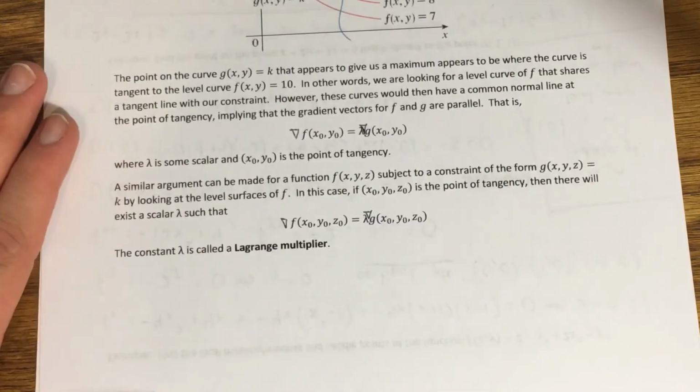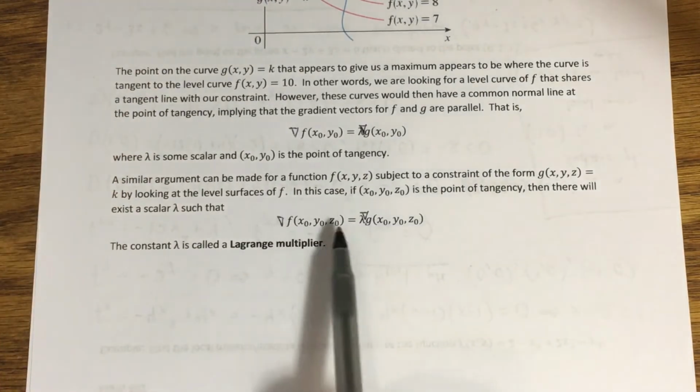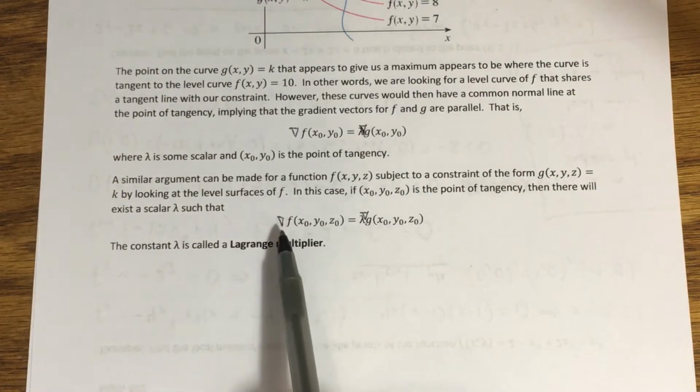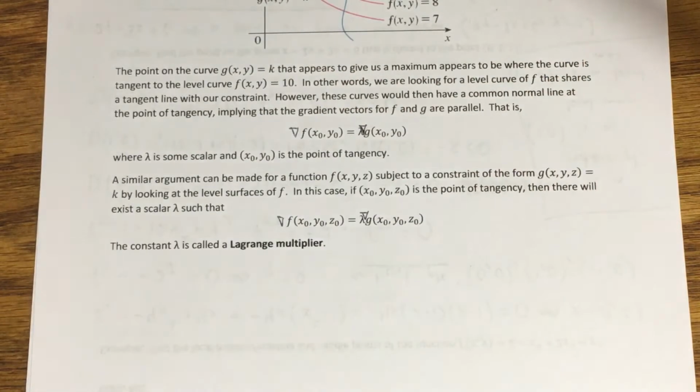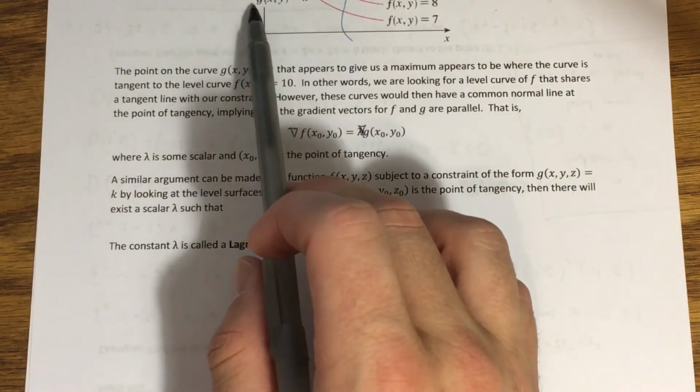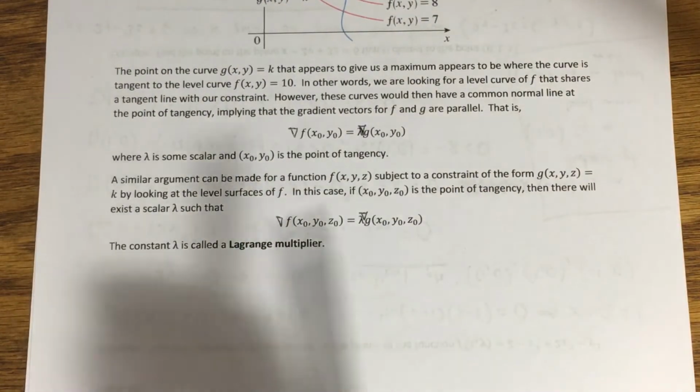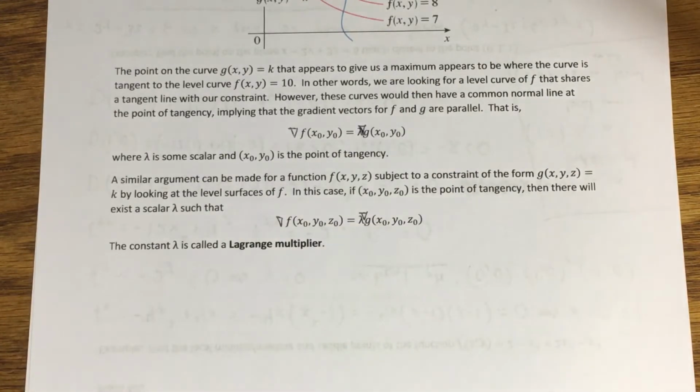If we generalize this argument into functions of 3 variables, then we could follow similar logic. Instead of level curves, we'd be looking at level surfaces. And I'd be looking for where the constraint surface is tangent to a particular level surface of f. I'm not going to attempt to draw anything like that, but the underlying logic is really the same.